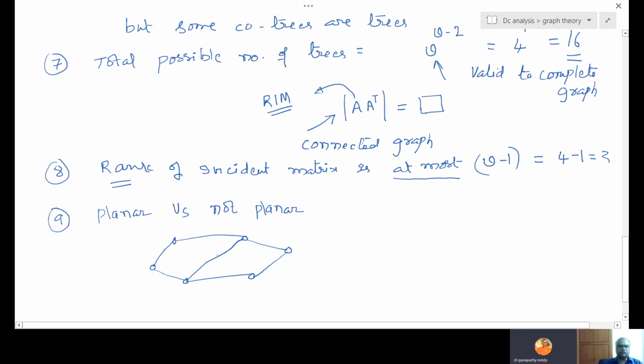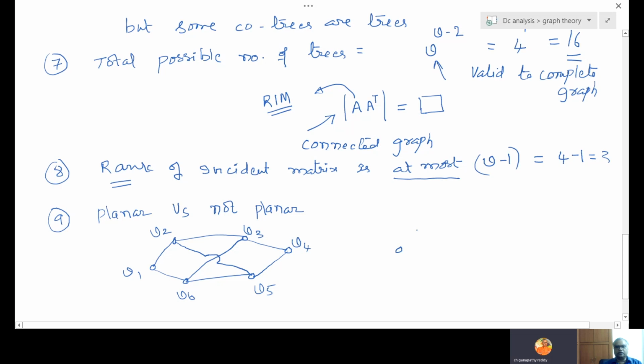This is an example of planar. V1, V2, V3, V4, V5, V6. This is planar.